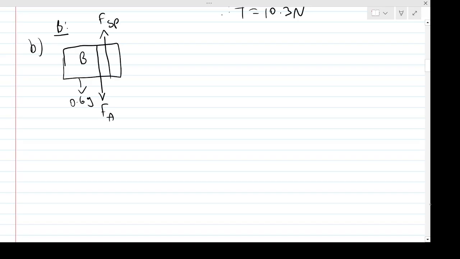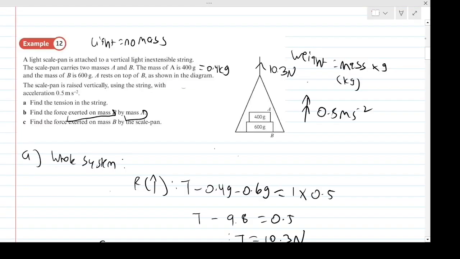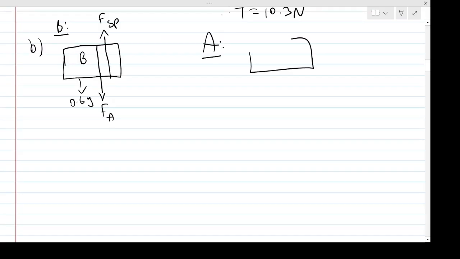So the problem is, if I want to work out the force created by A, well, I need to work out what the force by the scale pan is. So I can't proceed really. What if instead I consider A? I know we're talking about what the force A goes on to B, but let's just consider the forces on A here. So A is here.